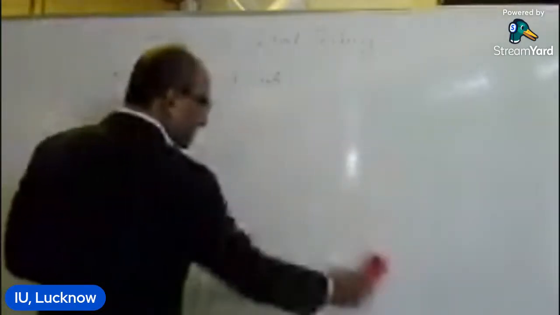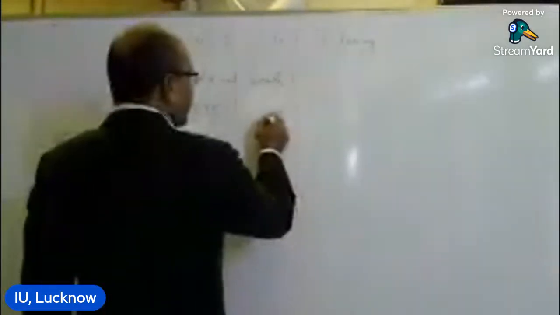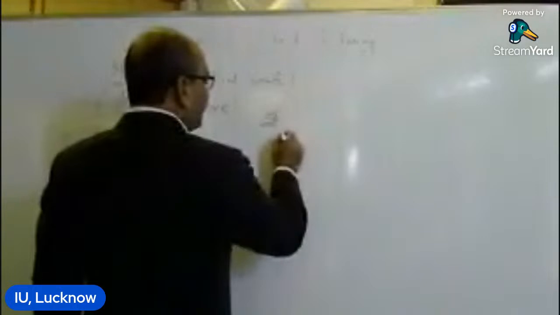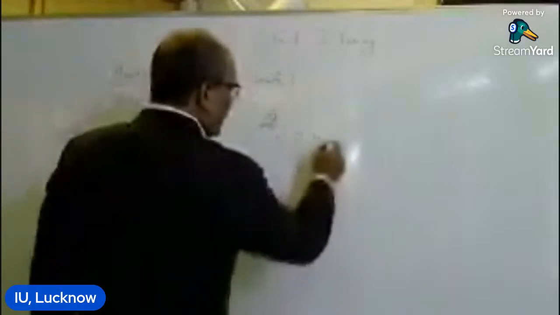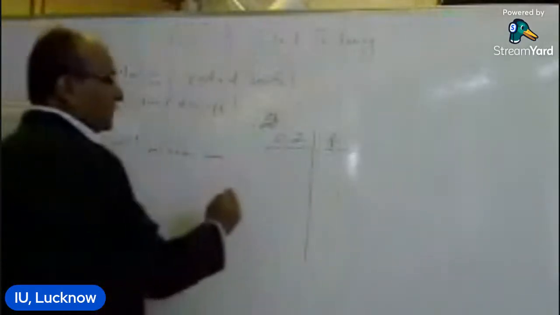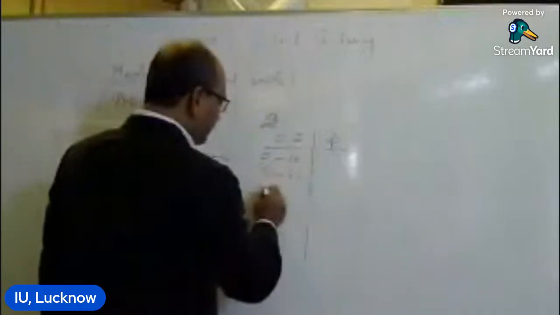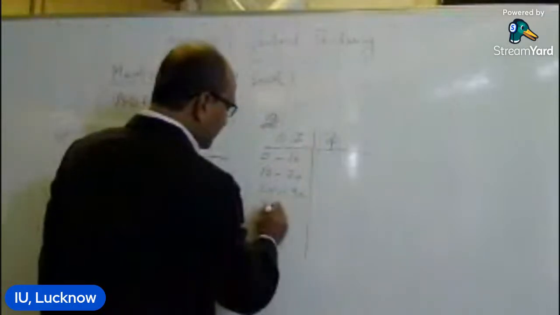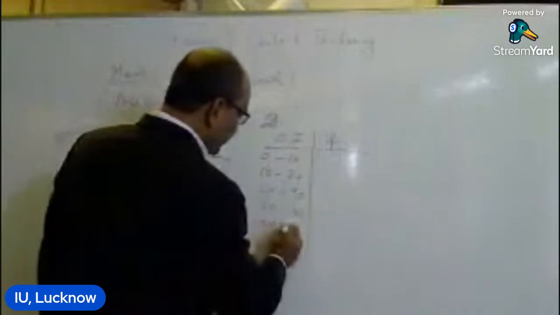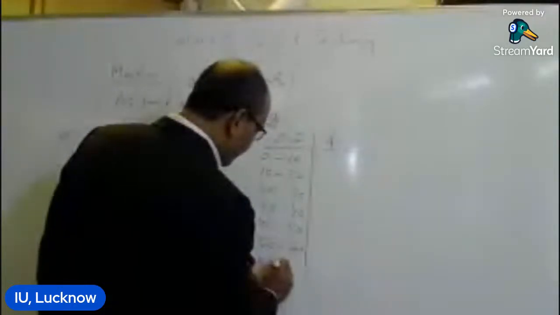Again, we take an example and it will be clear. Here we have taken class interval and here frequency. The class interval is 0 to 10, 10 to 20, 20 to 30, 30 to 40, 40 to 50, 50 to 60, 60 to 70, and 70 to 80.